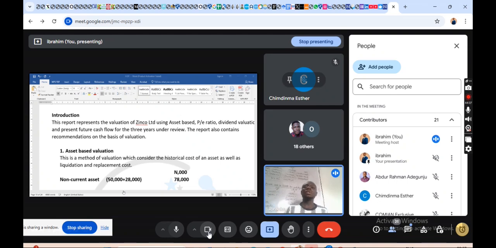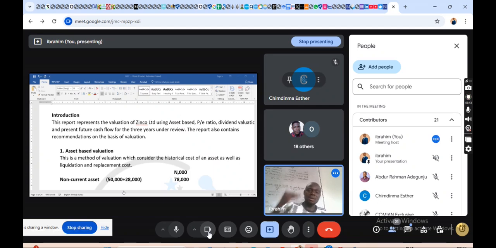That is why we could say this report provides the valuation of Zinco Limited using the asset-based method, PE ratio, dividend valuation, and present value of future cash flow for the 3 years under review. The report also presents a recommendation on the basis. You can see you have equally stated the recommendation, which means that your recommendation should also form part of your reporting. Now, you've equally stated in your introduction that it is the asset-based method.